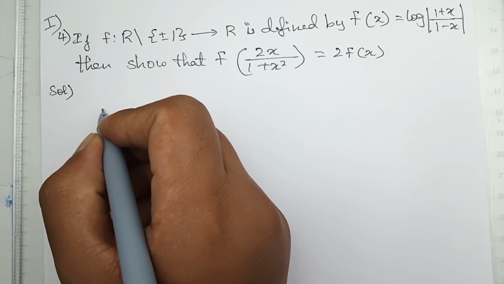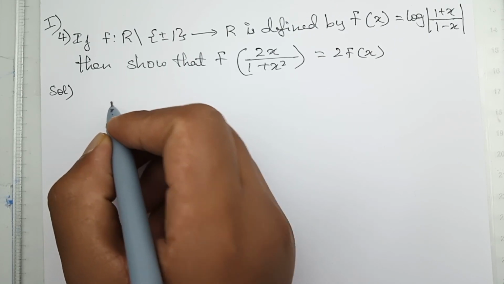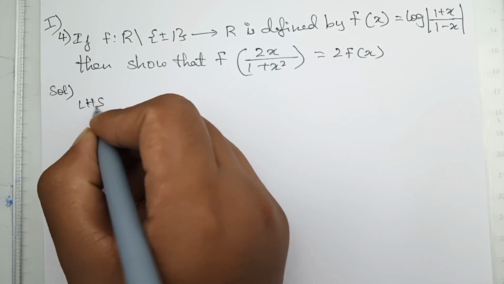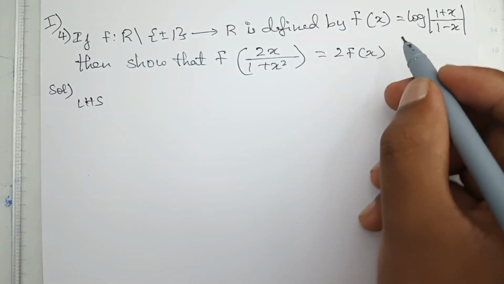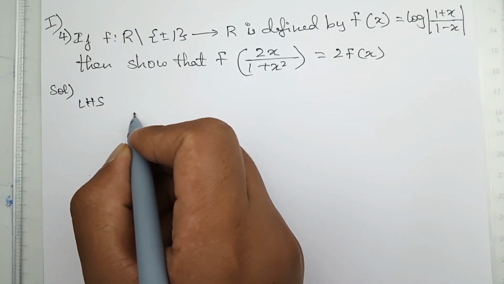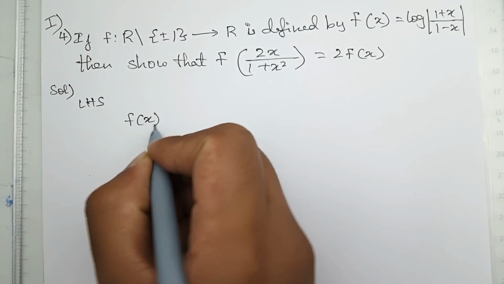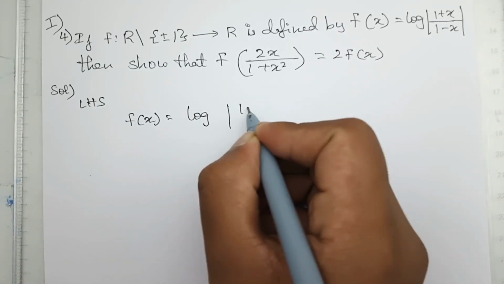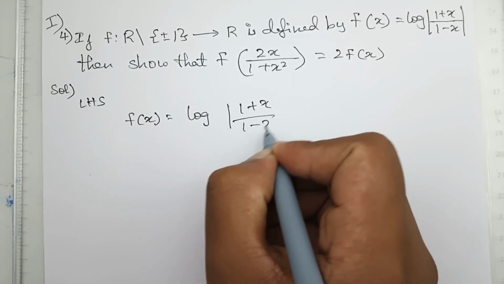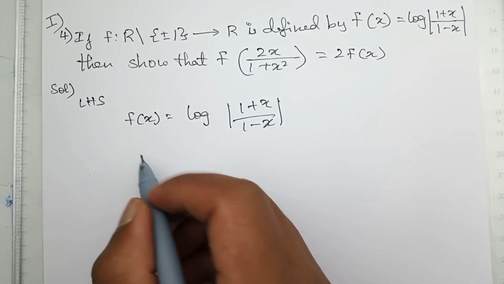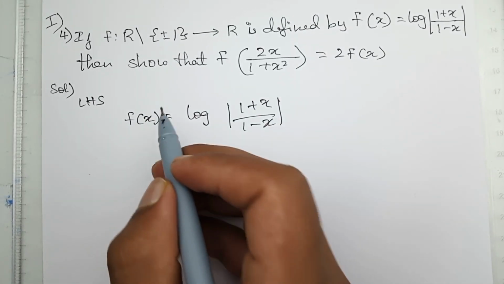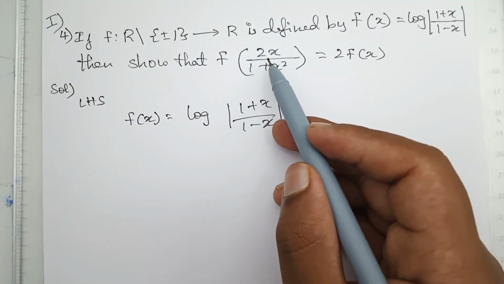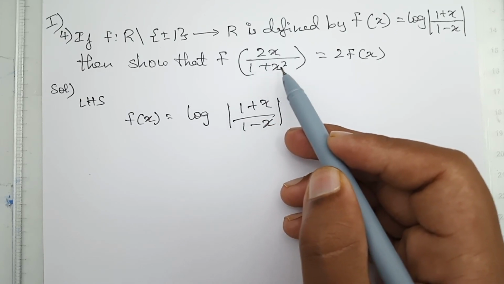Now the first step is LHS. Now we should write the given f of x. f of x is equals to log mod 1 plus x by 1 minus x, right? Here in place of x we should enter 2x by 1 plus x square.